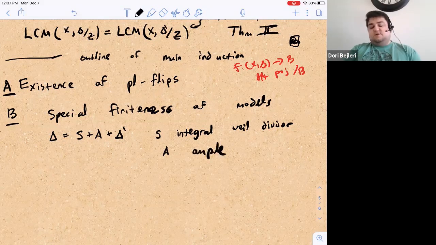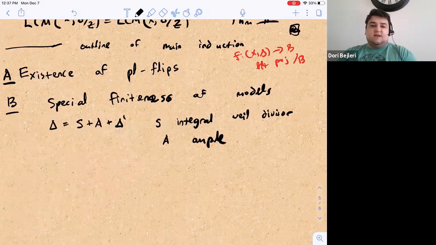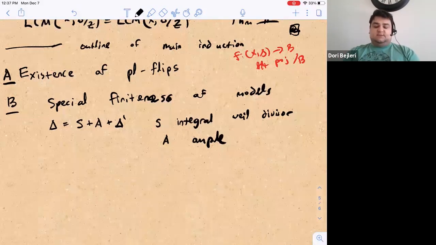So we're in the case where Δ is big, so we know we can write it as ample plus effective. Let's look at the divisors of the form some fixed ample plus some fixed S and then plus Δ', and let's let Δ' vary.